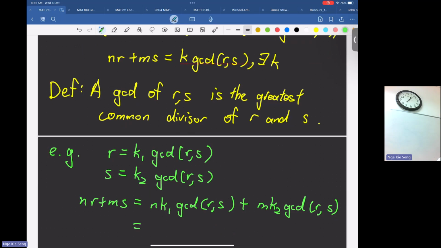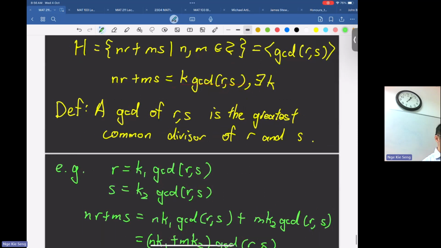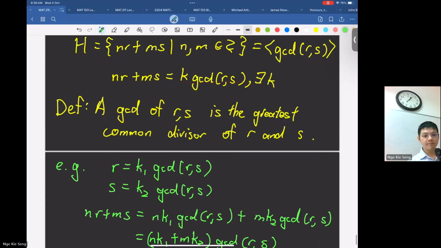So you can write every term as a multiple of the GCD of r and x. So the GCD of r and x generates the subgroup nr plus mx. Is it okay? Any question?